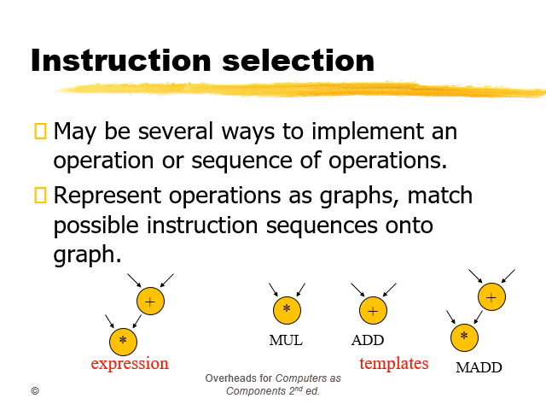So for multiply and plus, we are going to use mul, add, or if we have madd, which means multiply and add, we are going to use this. So we represent operations as graphs and match possible instruction sequences onto the graph. We check the instruction, then we map that instruction onto the graph using template matching.